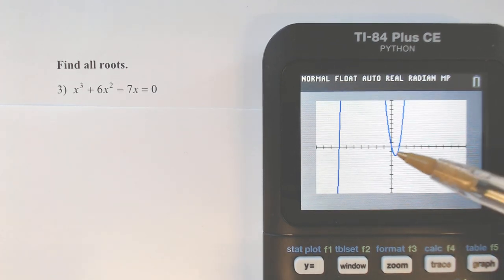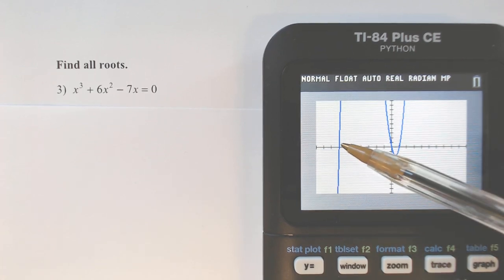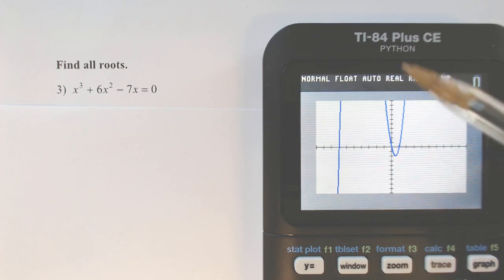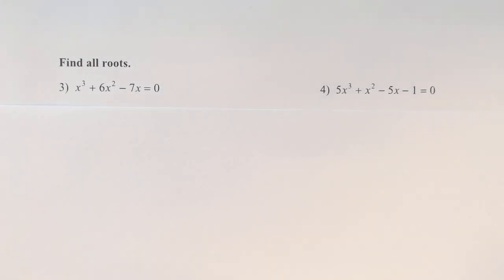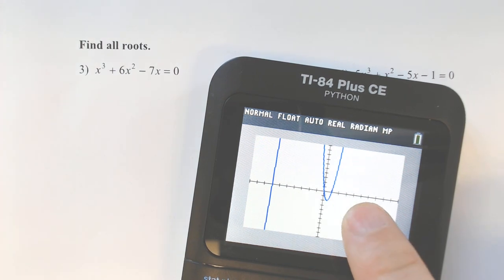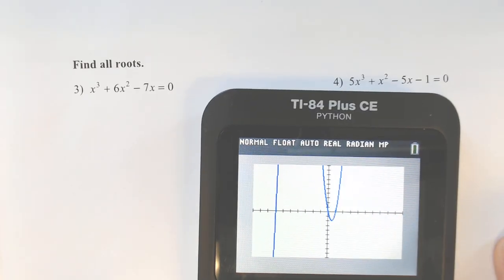This one is an easy problem because it goes through 1, 2, 3 zeros seemingly perfectly, and we just have to write them down. We know that those are the only zeros it will have because it has an x to the third, and I have 1, 2, 3 perfect zeros. So the question is, what are they?